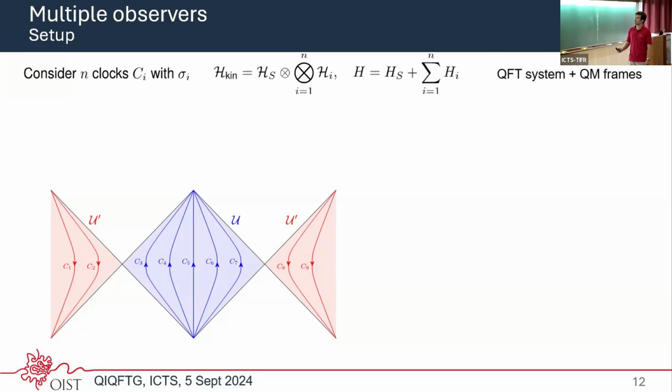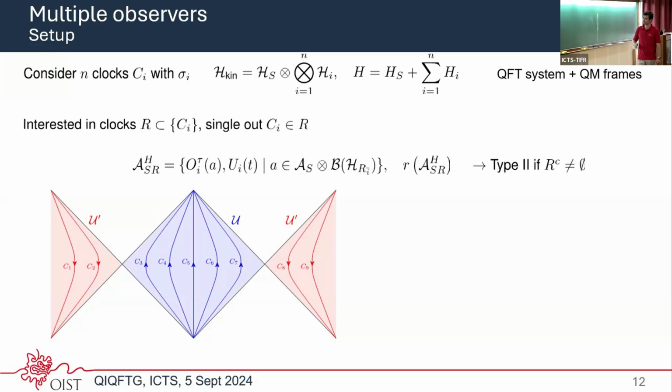So we're really dealing with a quantum field theory system, but with quantum mechanical frames. Then the algebra we're interested in is just a subset. We take a subset of all the clocks we're interested in, which we call R, and then we single out a single clock, C_i, which will be our clock with respect to which we describe the rest.